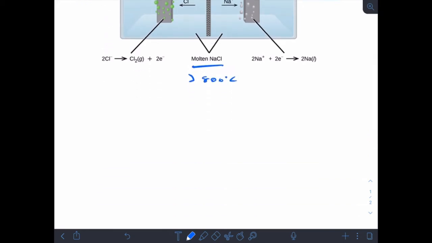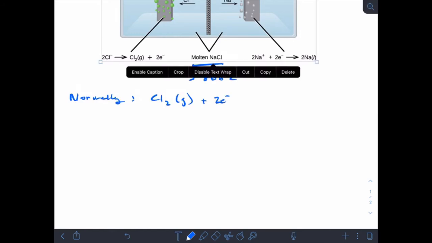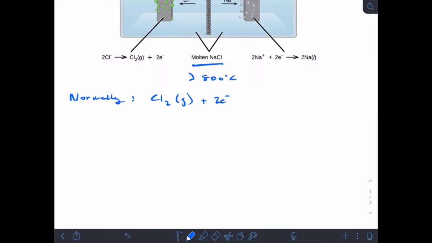Normally, under normal conditions, in this example we would have chlorine gas plus 2 electrons. We look up the reduction half reaction for chlorine, and we would get something that looks like this, and it has an E0 of plus 1.36 volts.